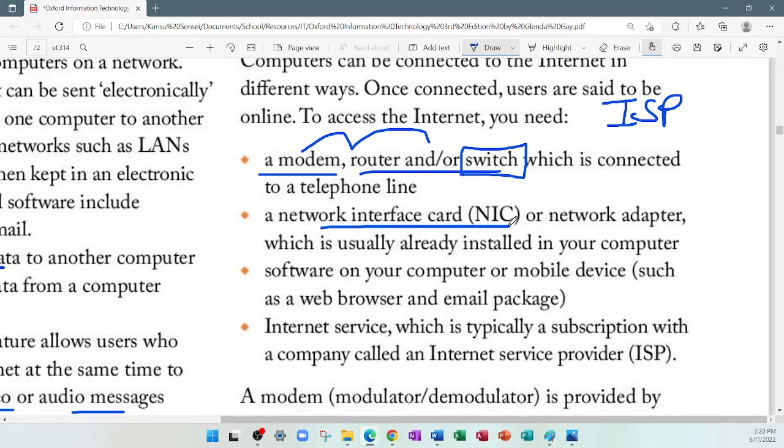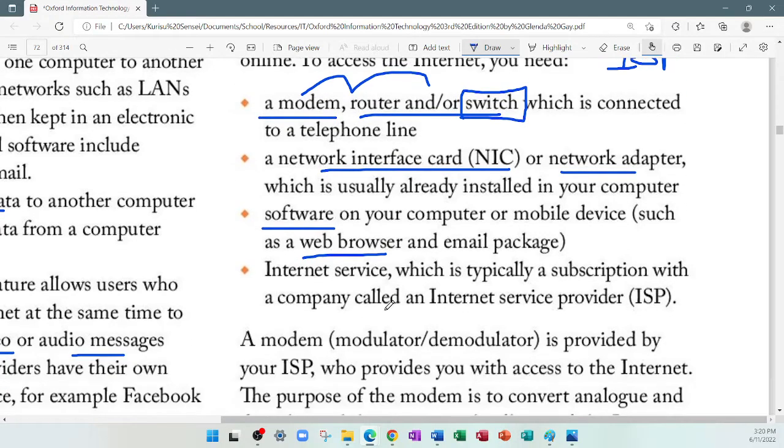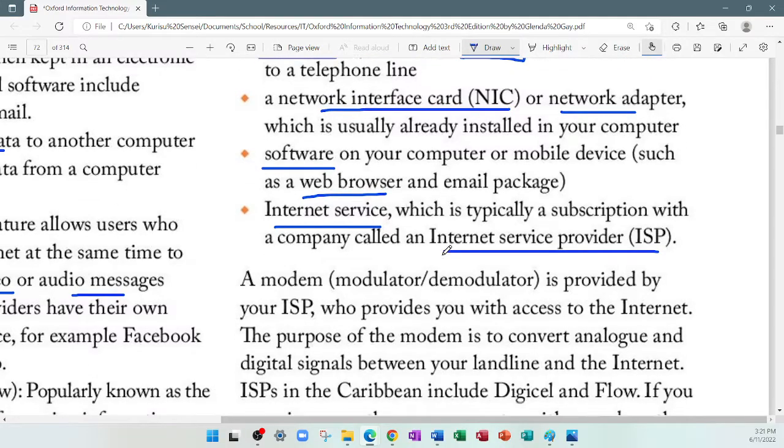In addition to that, you need a network interface card or a network adapter that's going to allow you to connect to the network. You need some sort of software that is going to make the device operate, and for example, a browser application to access the services. And then lastly, you need someone that is going to offer you internet services. Someone is going to offer you that connection, hence your ISP.